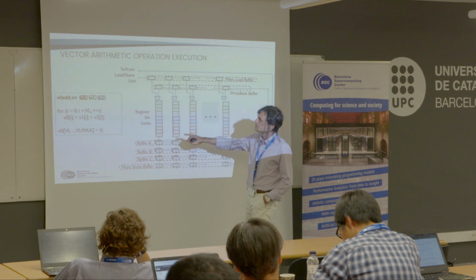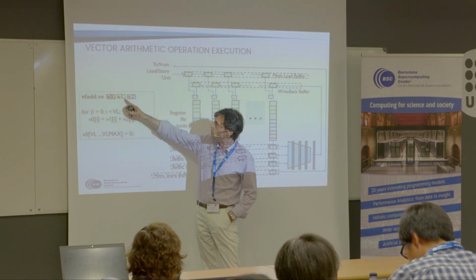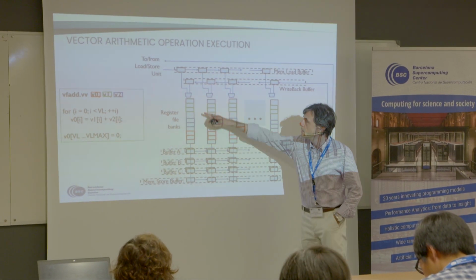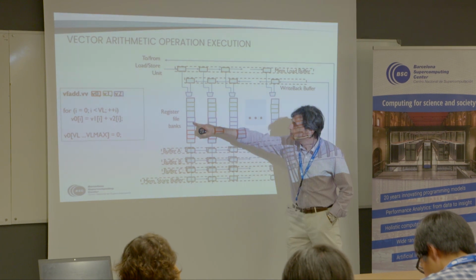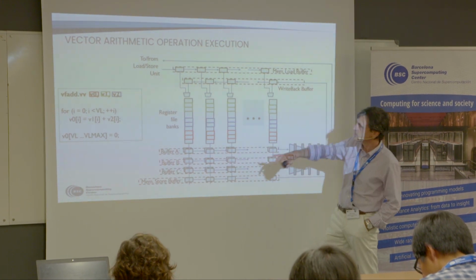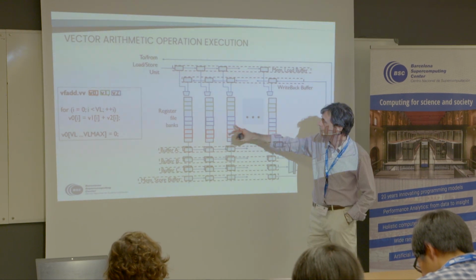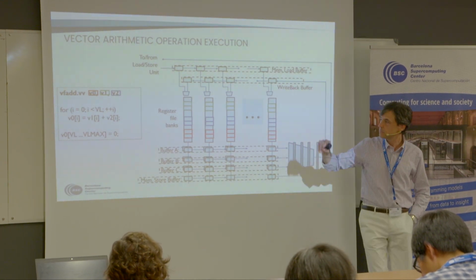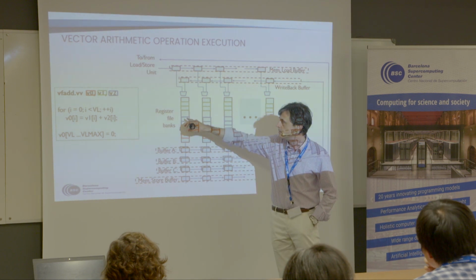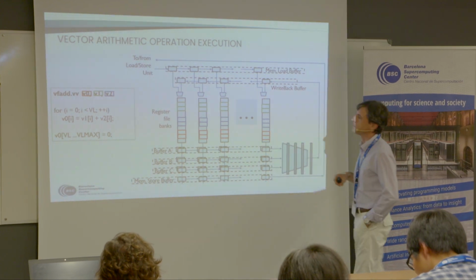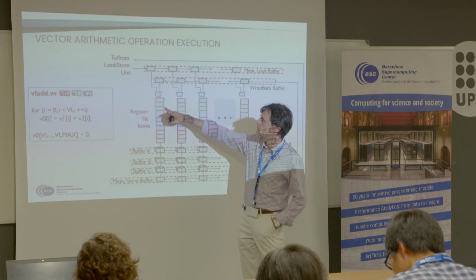The color coding is that V1 and V2 are the green and the blue. These are the input operands. They are distributed through the banks of the register file. So for example, this is vector element 1, element 2, element 3, element 4, and so on. And then you start again, maybe 10, 11, 12, and so on. And the same for the green one.